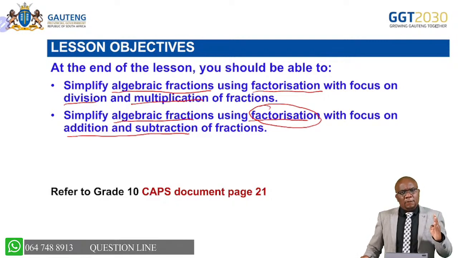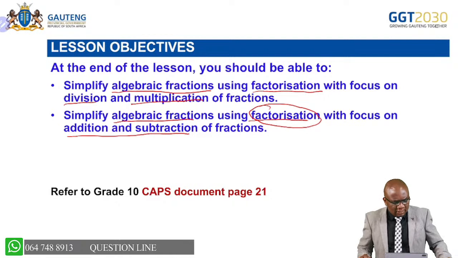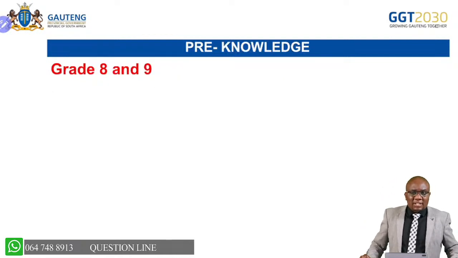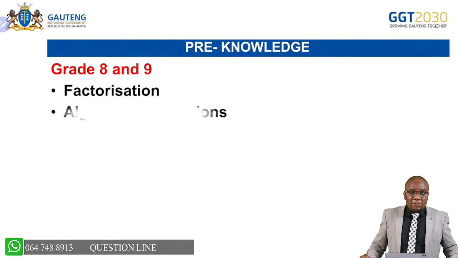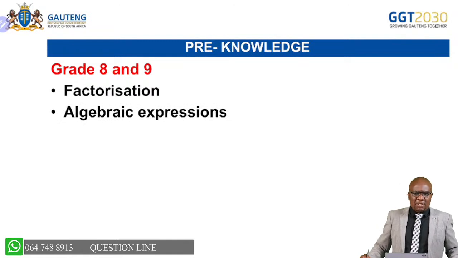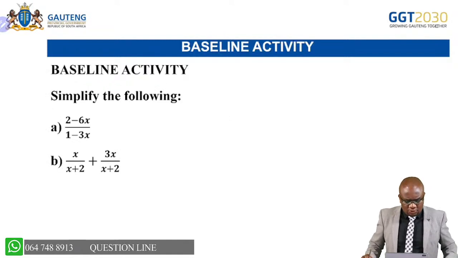Those four. Look out for those things when you're simplifying algebraic fractions. Once you understand those things, then we are done. You'll be fine. Now remember, in grade 8 and 9, even in the previous lessons, we did factorization. We also did algebraic expressions. We're going to apply that in today's lesson.